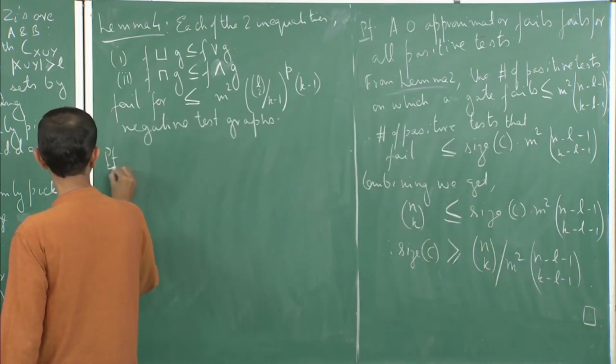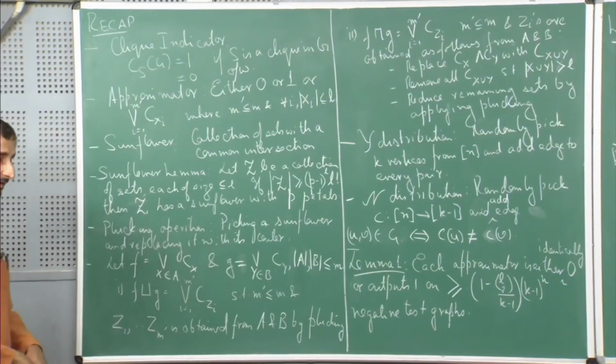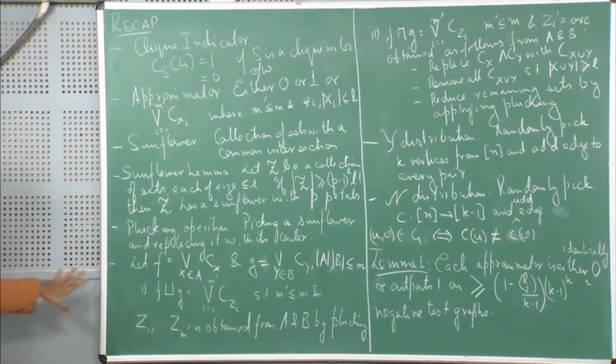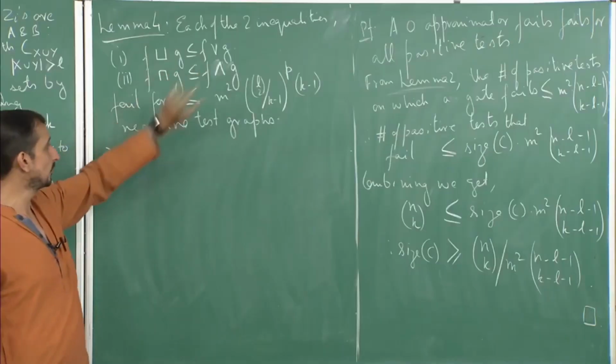So once again we need to consider both these equations. So here we are, and now we are looking at the inequality the other way around. When does this inequality fail?